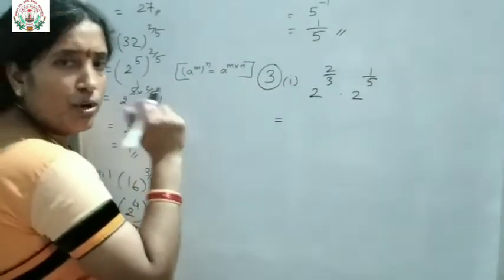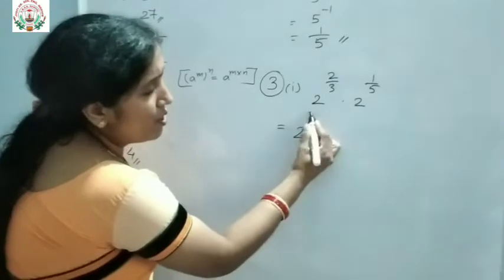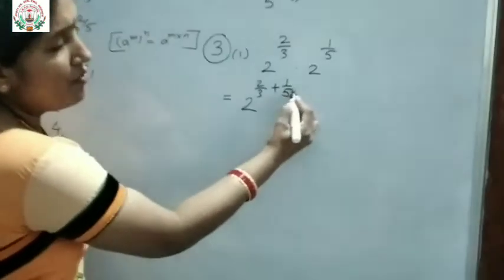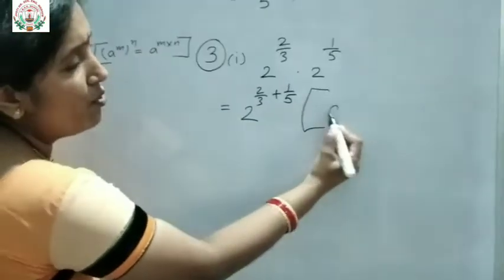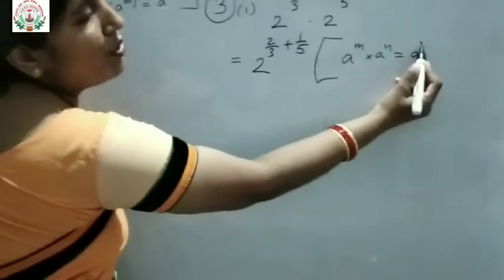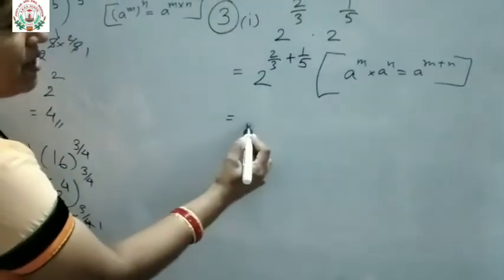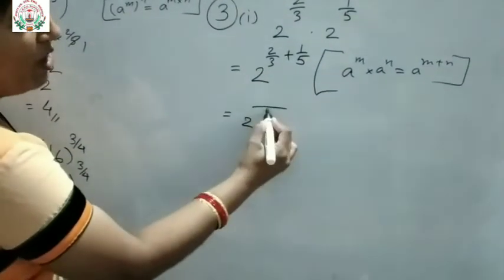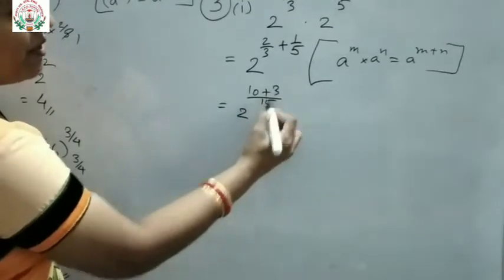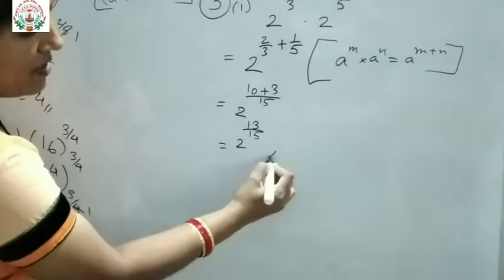The formula you all know: a to the power m into a to the power n equals a to the power m plus n. So we write 2 to the power, 2 upon 3 plus 1 upon 5. Now add it. The LCM will be 15: here 10, here 3. So it will be 2 to the power 13 upon 15.